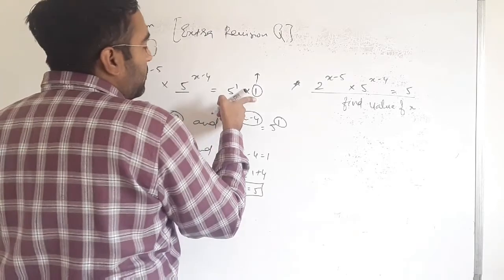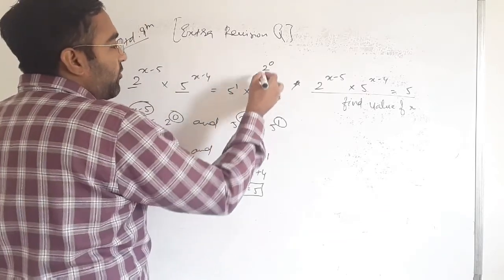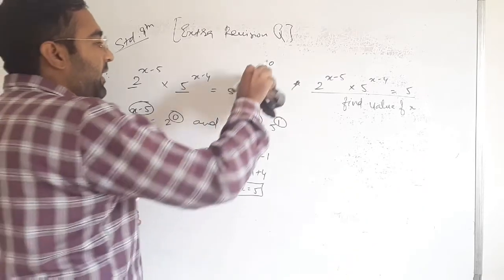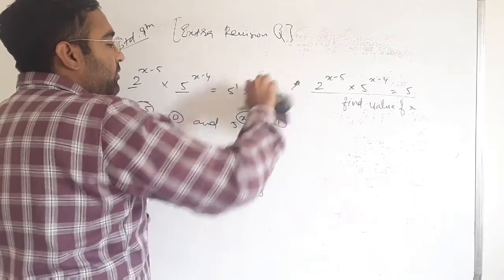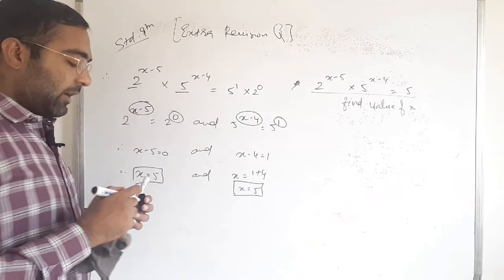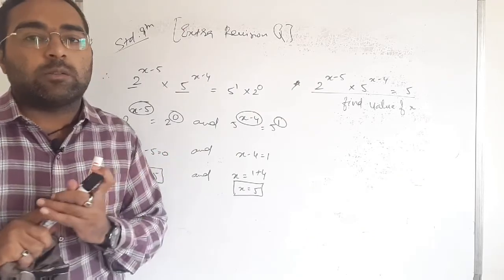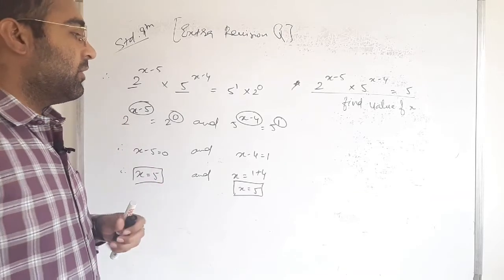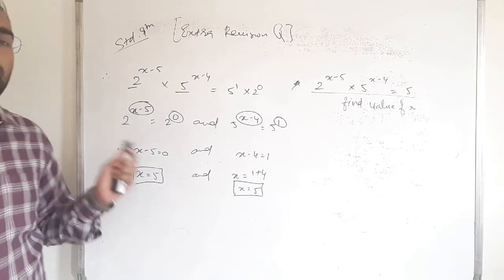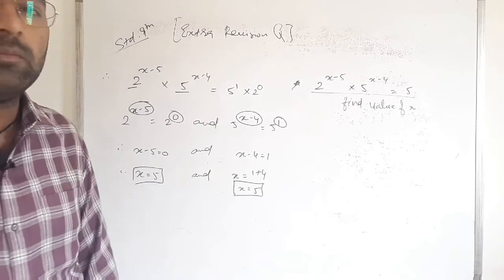So I must take 2 raised to power 0 to form 1. That's why I take 2 raised to 0 at this place, because ultimately it is converted to 1. Clear that? So you have to solve this kind of question like this.